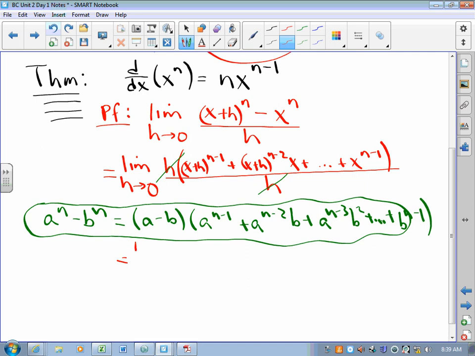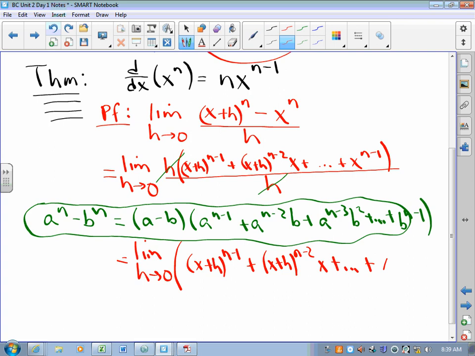And so what ends up happening? What ends up happening is you get (x+h)^(n-1) plus (x+h)^(n-2) times x, plus all the way down, plus x^(n-1). Well, here's the question.